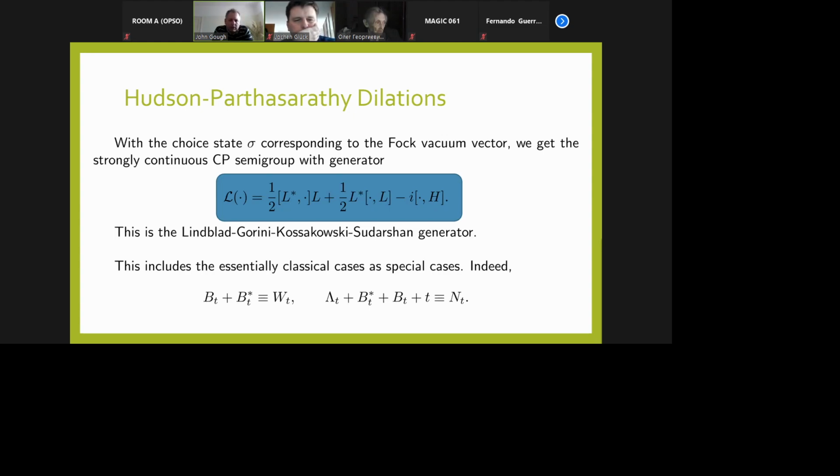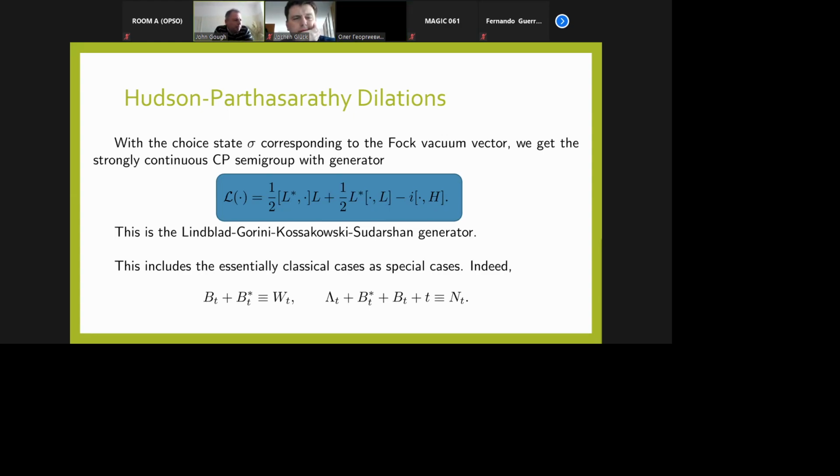If you want to recover the classical results, you'll find that the generators I looked at previously are special cases of this. It's probably not surprising. If you take the combination B plus B star, that's effectively equivalent to the Wiener process, whereas the combination lambda plus B star plus B plus T effectively gives you something equivalent in the vacuum state to the Poisson process.